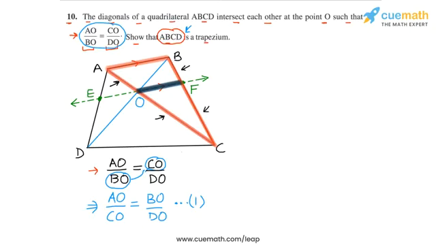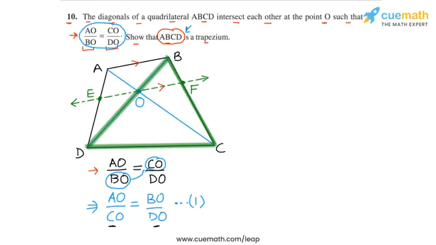Okay, then we will consider the triangle BDC. Now in this triangle, we are not sure whether OF is parallel to DC or not, but we will make use of the fact that from the previous triangle we showed that AO by CO is equal to BF by CF, but we also know that AO by CO is equal to BO by DO.